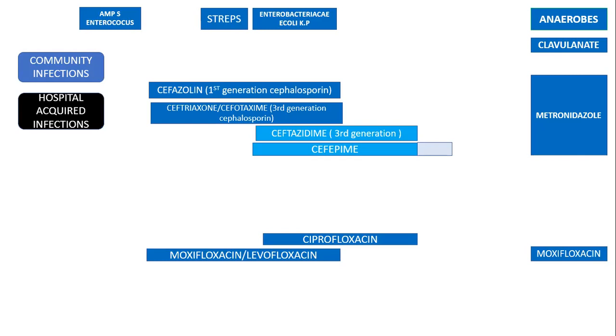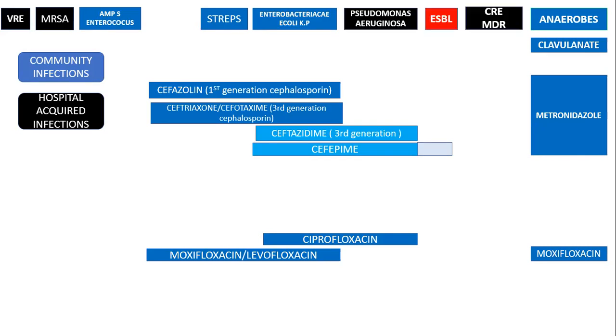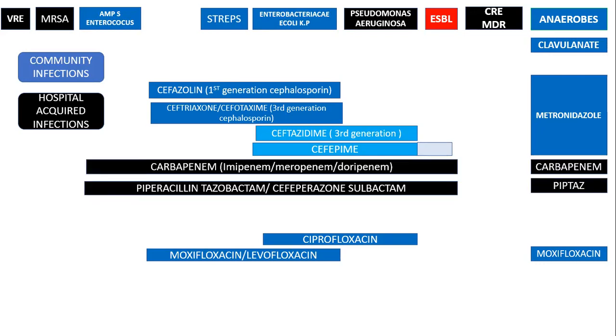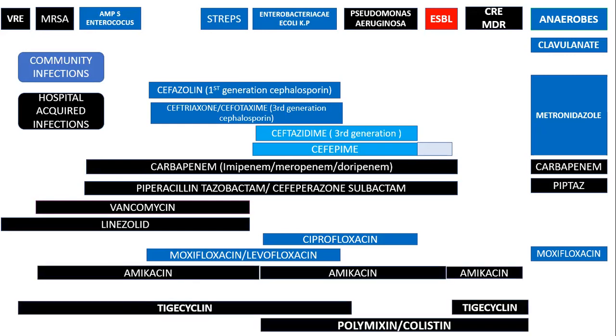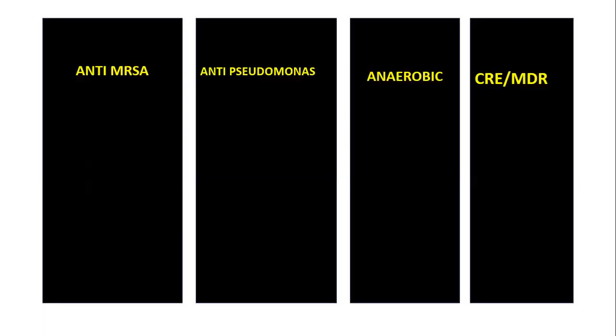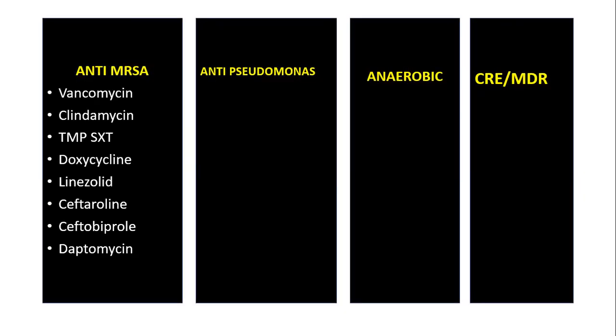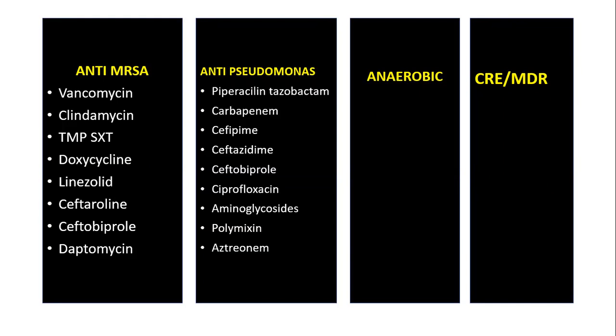And if you are dealing with hospital-acquired infection where you are suspecting vancomycin-resistant Enterococcus, MRSA, Pseudomonas, ESBL, or CRE or MDR, you can go for piperacillin tazobactam, cefoperazone sulbactam, carbapenems. For MRSA, vancomycin, linezolid, amikacin, tigecycline, and colistin. So which drugs have anti-MRSA activity? Vancomycin, clindamycin, trimethoprim sulfamethoxazole, doxycycline, linezolid, ceftaroline, ceftobiprole, and daptomycin, they all have anti-MRSA activity.